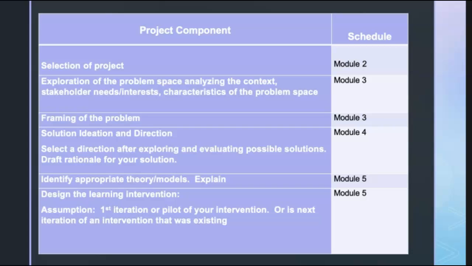Then in Module 3, I'll be asking you to further refine your ideas for the project through exploring the problem space and analyzing the context, taking a look at stakeholder needs and interests, and mapping out the characteristics of the problem space that you're examining.